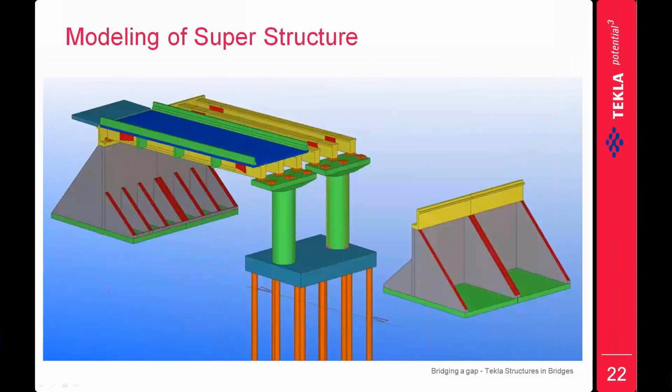So the model has all the information in it, starting from the substructure to the superstructure, and even information like the expansion joints or the bearings, with the abutments and the wing walls, or what we call the return walls, and the toe walls or the dirt walls, and handrails and crash barrier with the approach slab, and even the embankment details, so that we can add some more details like the median or the chainage information in it.